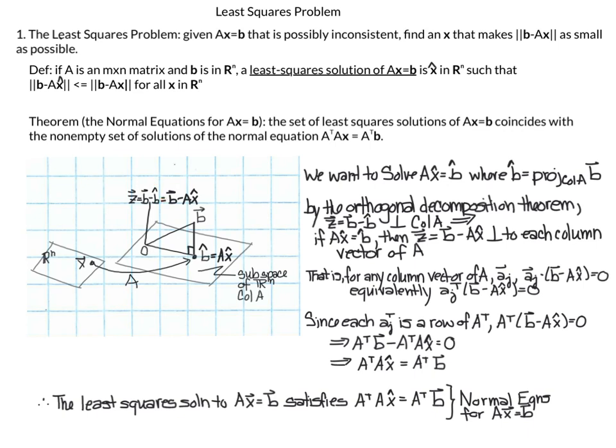We can also write that as B minus AX hat, since B hat is equal to AX hat.